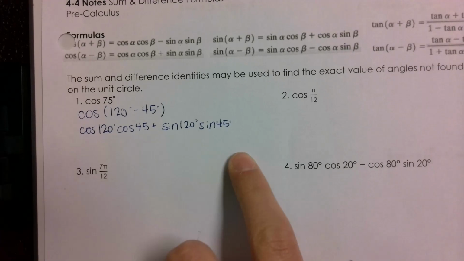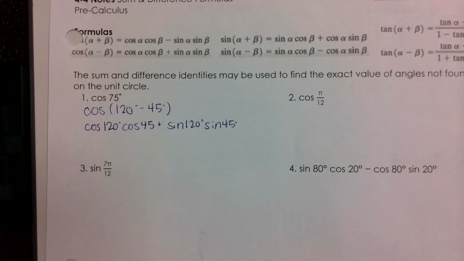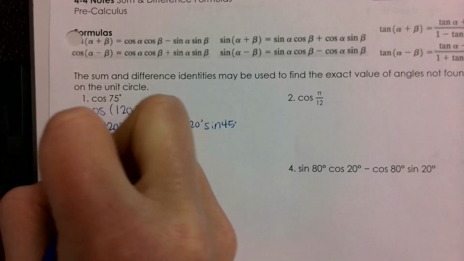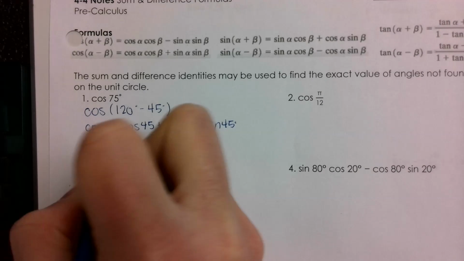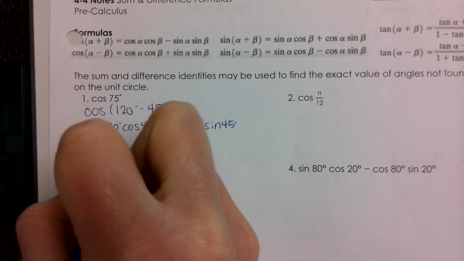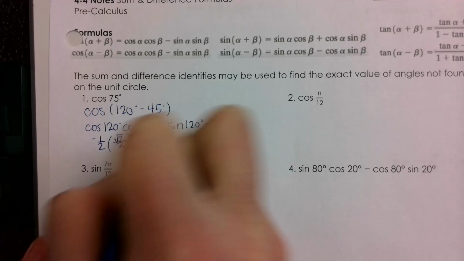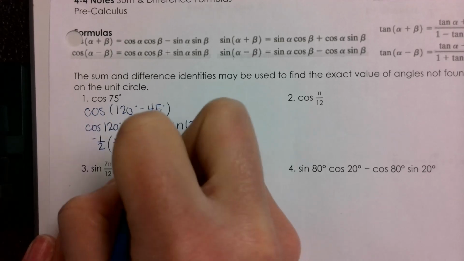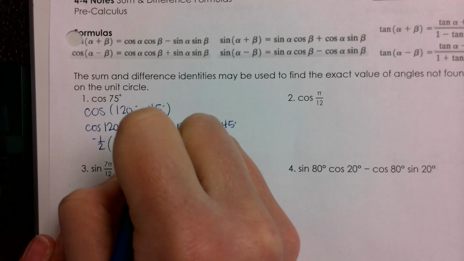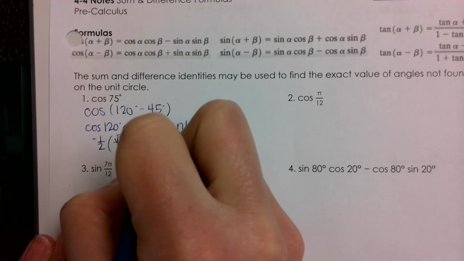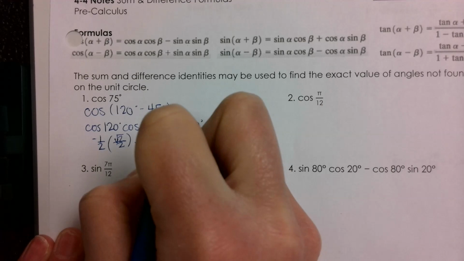So what is cosine of 120? Negative 1/2. What is cosine of 45? Root 2 over 2. What is sine of 120? Root 3 over 2. And then sine of 45? Root 2 over 2.